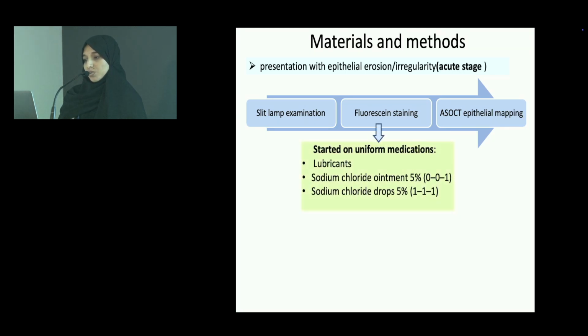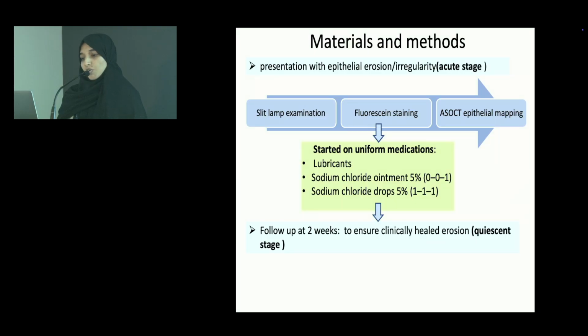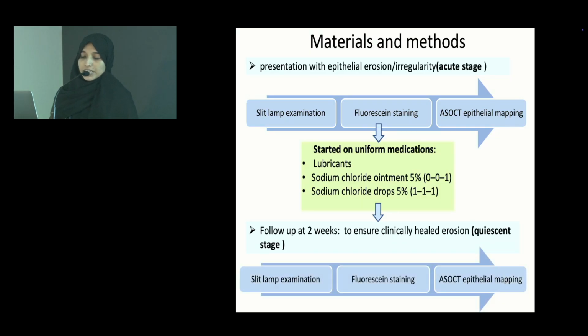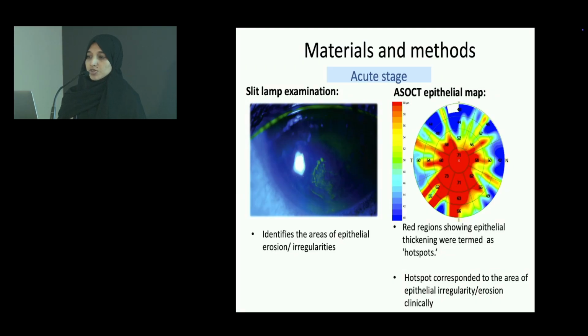Then they were started on uniform medications, which included lubricants, sodium chloride ointment, and drops. They were asked to follow up after 2 weeks to ensure healing of the epithelial erosion, and the same examinations were repeated at the follow-up visit. This is a case in which a patient presented in the acute stage, at the primary visit.